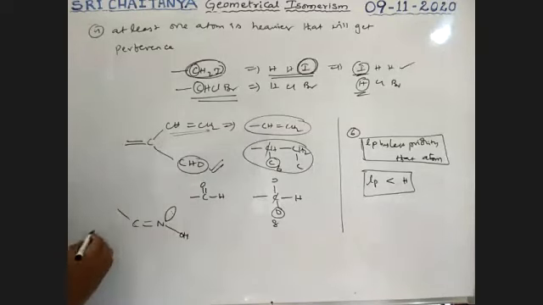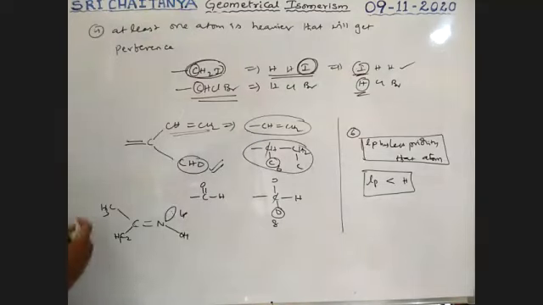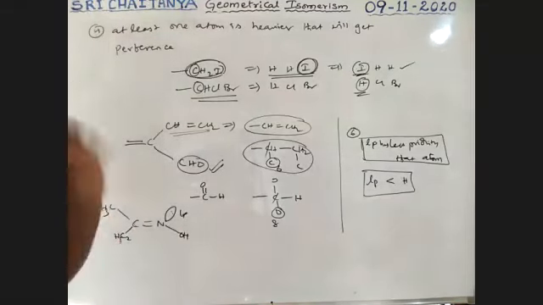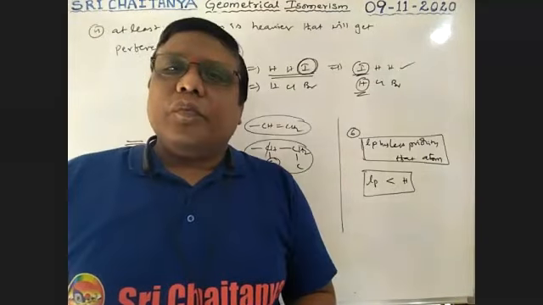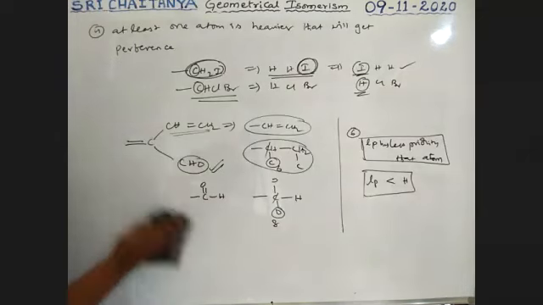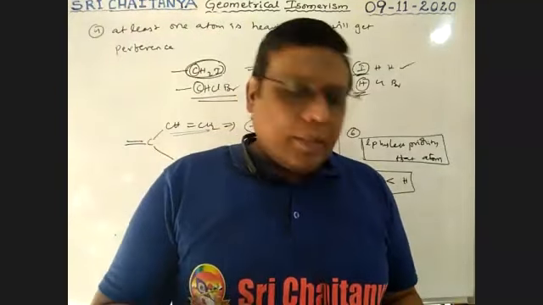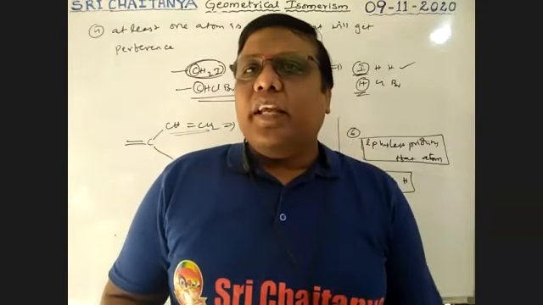This is CH3, C2H5 and C2H5. Among these two, it has lone pair, low priority. Okay. So here, but it is a ketoxime. Ketoxime is different. That is entirely different case. I will explain. Please wait. I will give some examples. Write whether the compound is an E form or Z form.